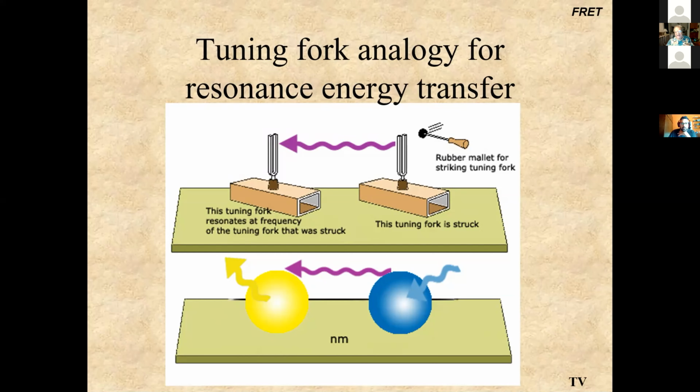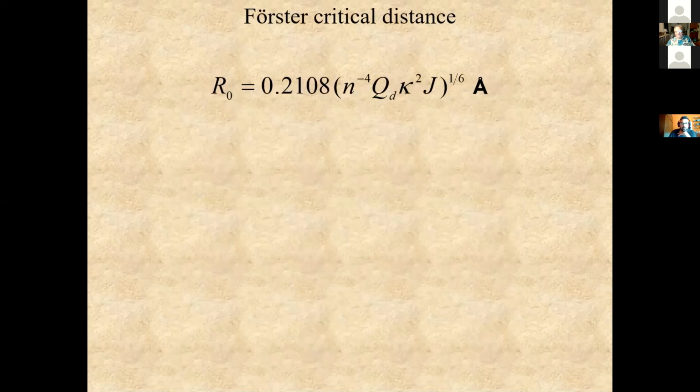And this is sort of what's happening with energy transfer. You get oscillations of the electric vector in the donor, and if you have a match with the acceptor, you can get that oscillating, and then the emission can come from that. And we talk about the Förster critical transfer distance, which is the distance R0 where you get 50% energy transfer between donor and acceptor.